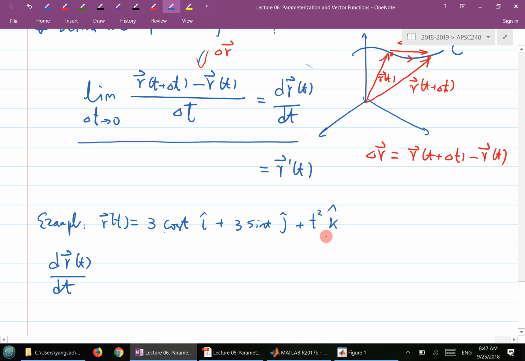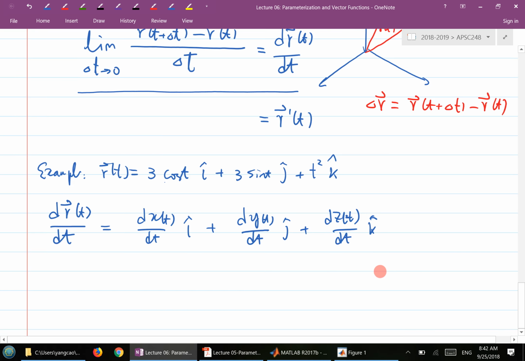Now, when it comes to calculating the derivative of this vector function, it's actually quite straightforward. All you need to do is calculate the derivative of each one of the components. And when you calculate the derivative of each component, it has no difference from the derivative of a scalar function.